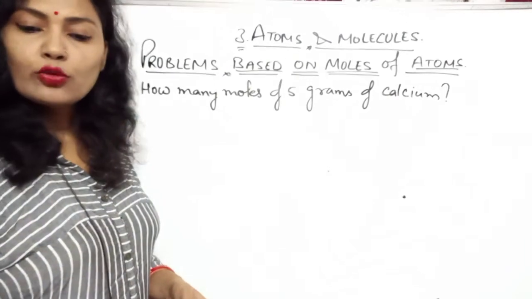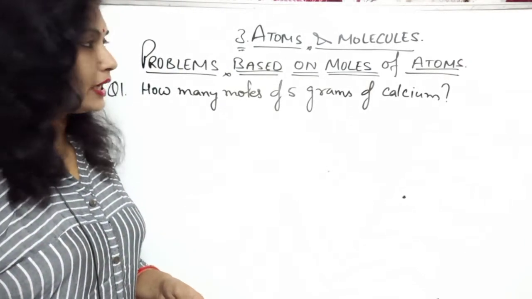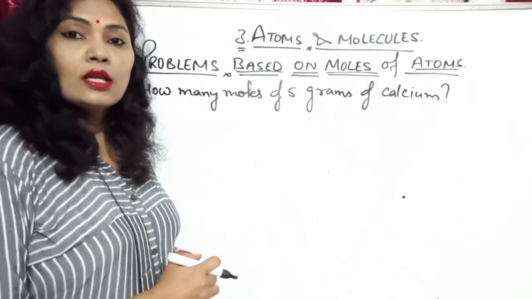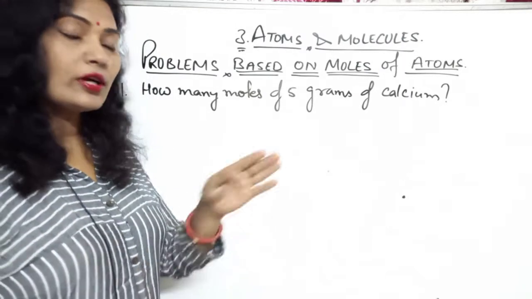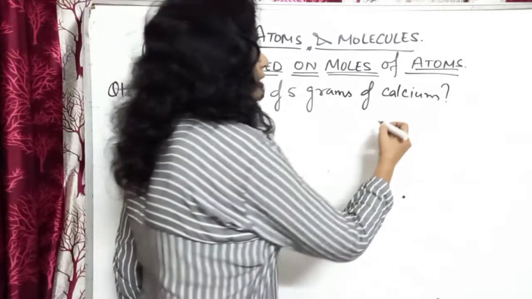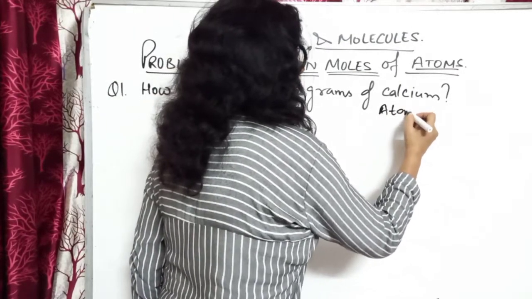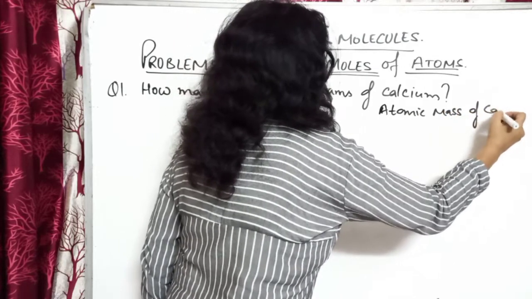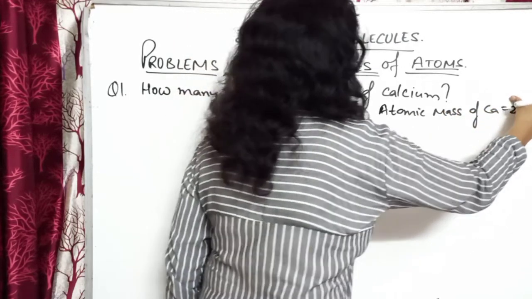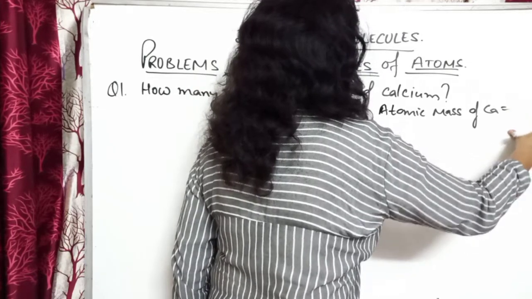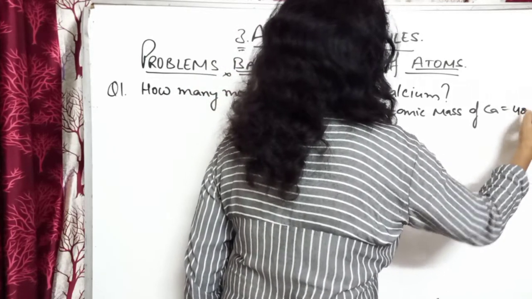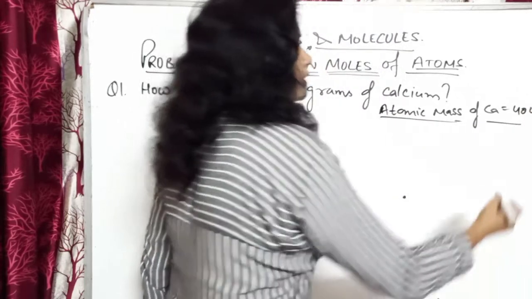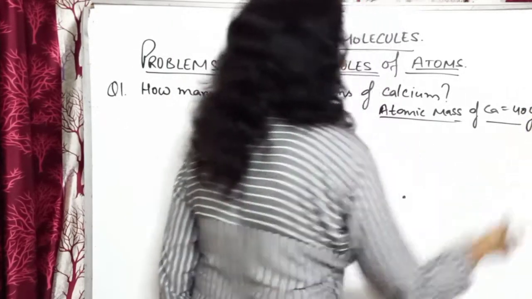You know the atomic number of calcium is 20, so the atomic mass is 40. You can write here the atomic mass of Ca equals 40 u, or 40 gram.